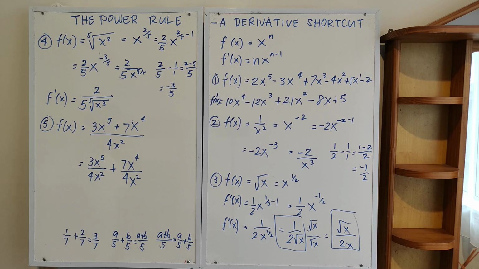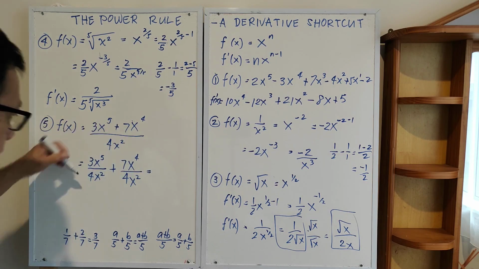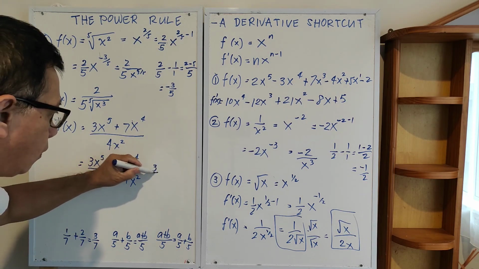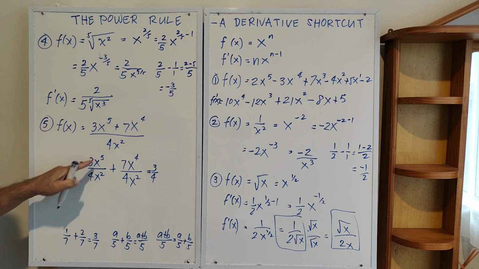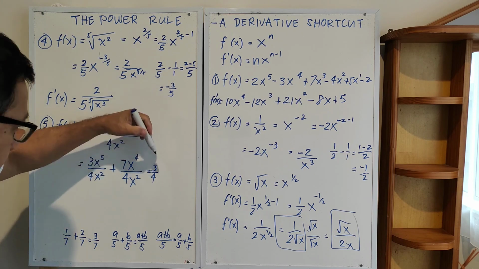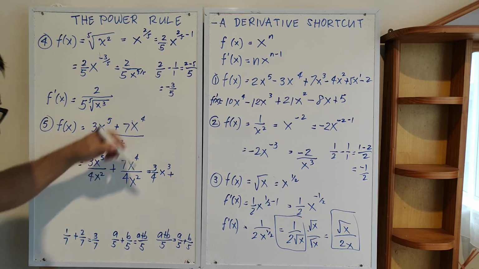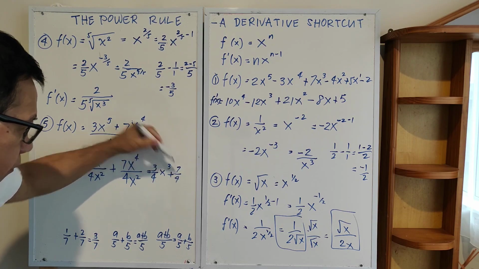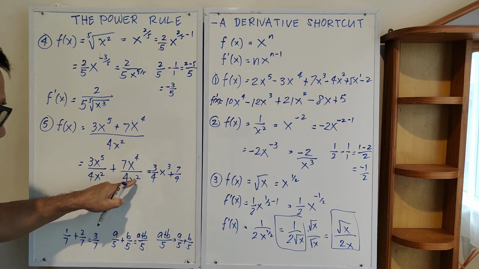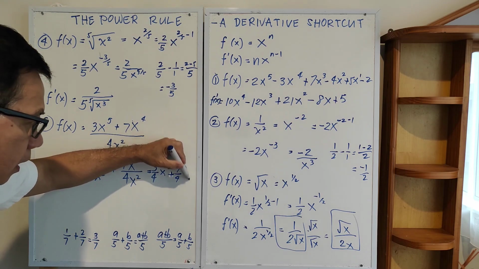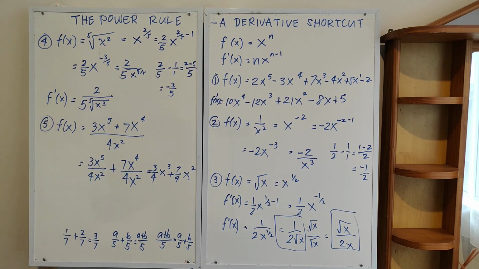Now we can cancel out the exponents of x. So this becomes 3 over 4. So 5 minus 2 is 3. So this becomes x to the third power plus, so the fraction is 7 over 4. 4 minus 2 is 2. So you have x squared.